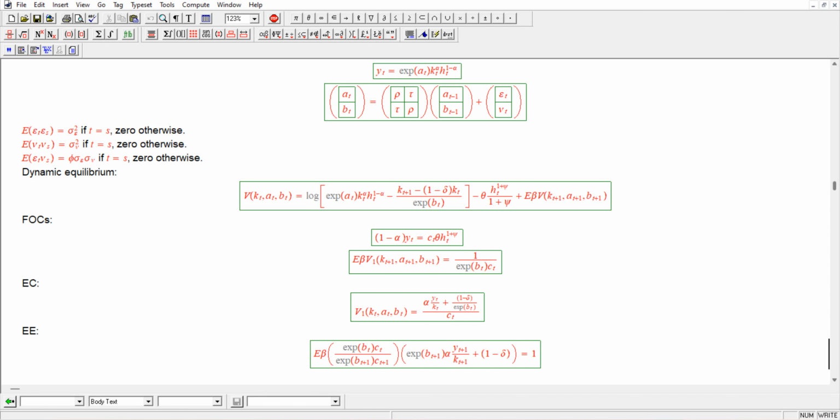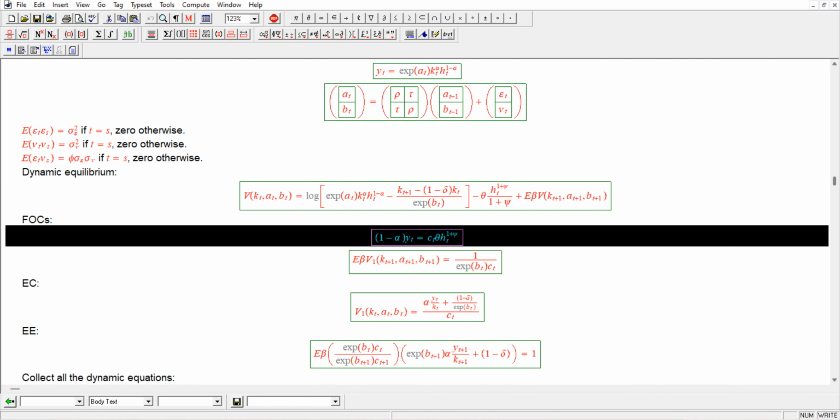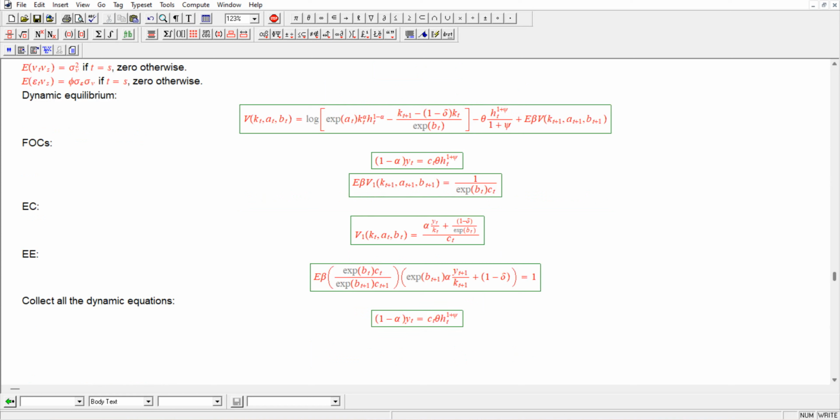Great. So finally, we need to collect all the dynamic equations that characterize this system. First, we have this first order condition. Second, we have this Euler equation.